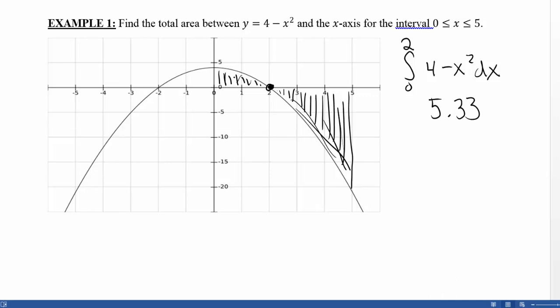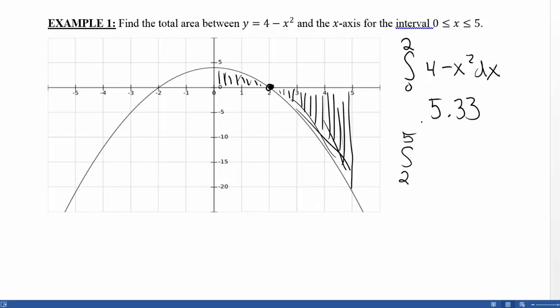Again, I chose to do the integral from 0 to 2 because that's the area that I saw that was above the x-axis. And I knew that if I computed that it wouldn't be doing any math in the background with negative numbers. Everything there would have been positive. Now, if I compute the integral from 2 to 5, I know that my calculator is going to spit this out as negative.